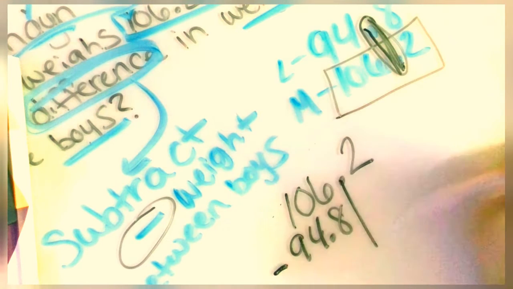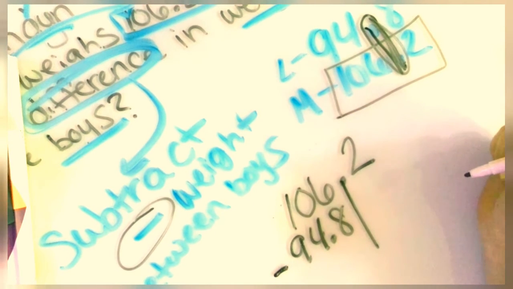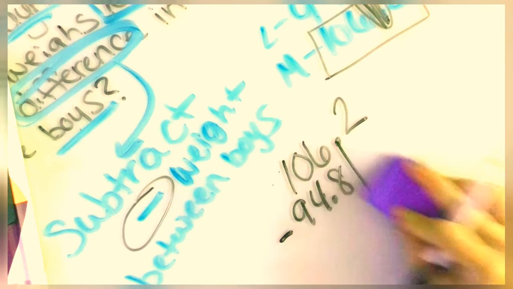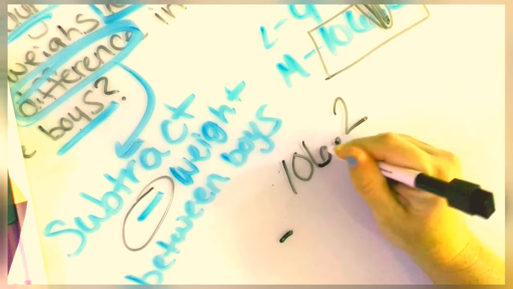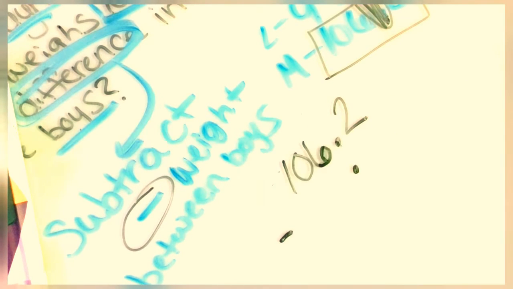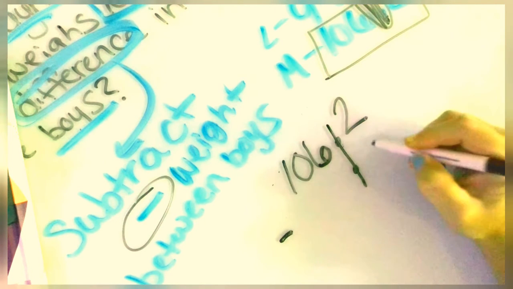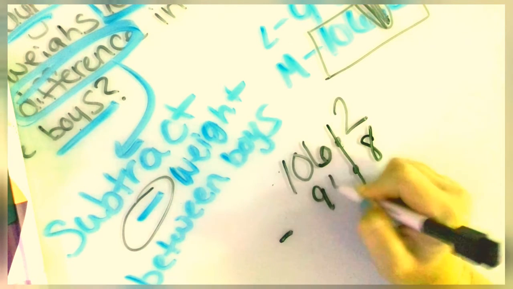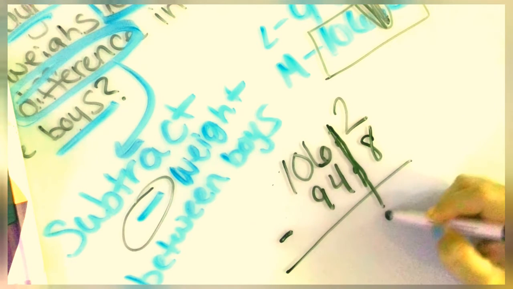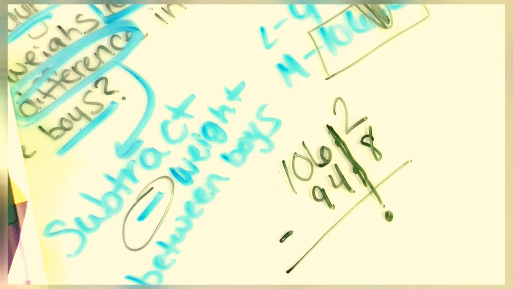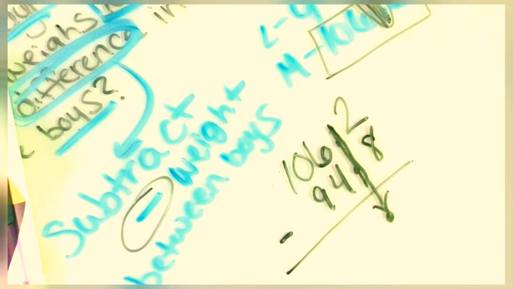Are my decimals lined up? No, they are not. So I did not line up my decimals correctly. So I'd have to erase this. I'm going to put my decimal point below. So now they are lined up. I will put my 8 and my 94. 94.8. See how my decimals are lined up? And when I subtract, I know I have to line up my decimals. So I'm just going to bring it on down.